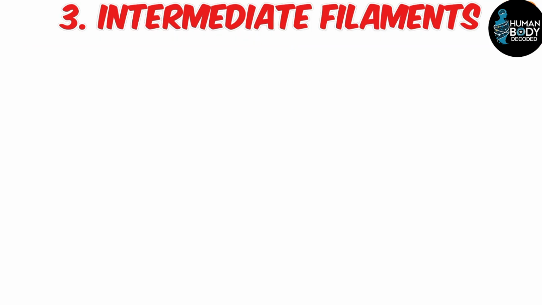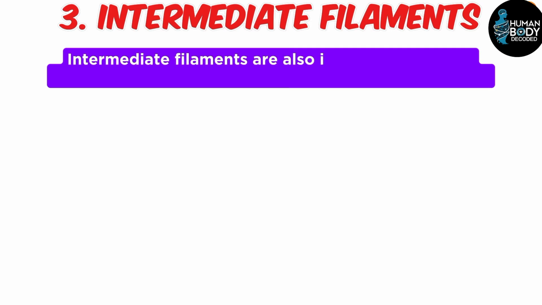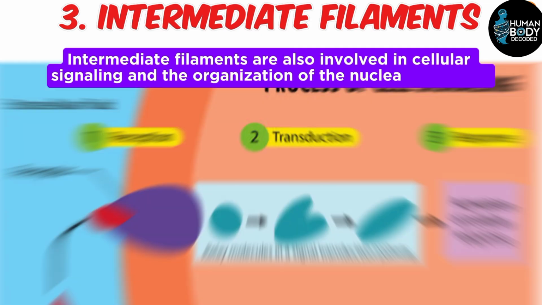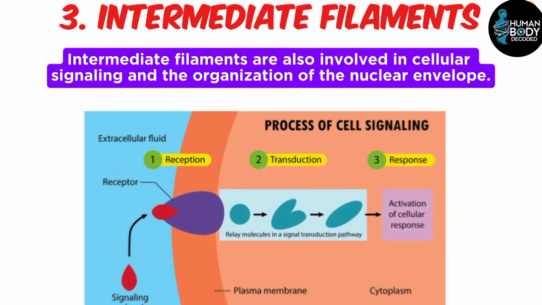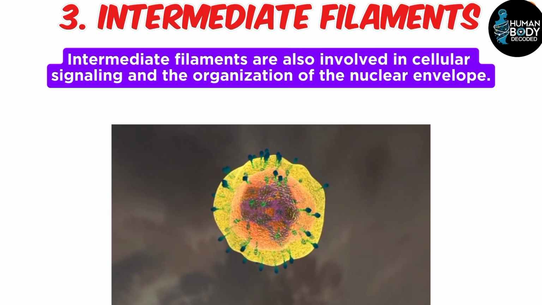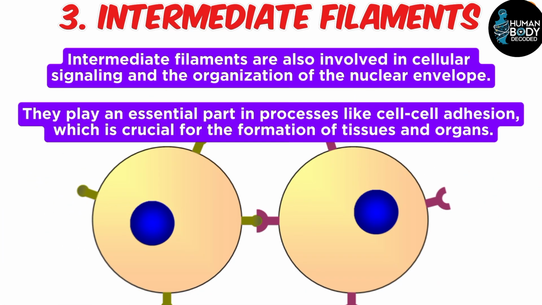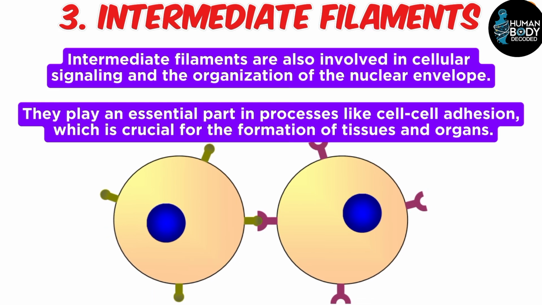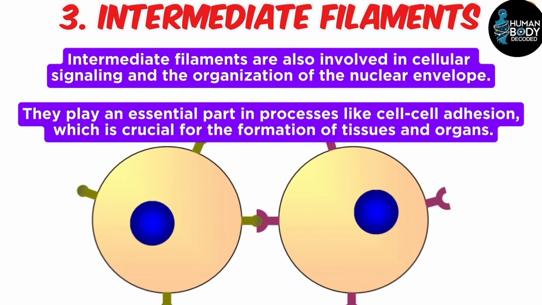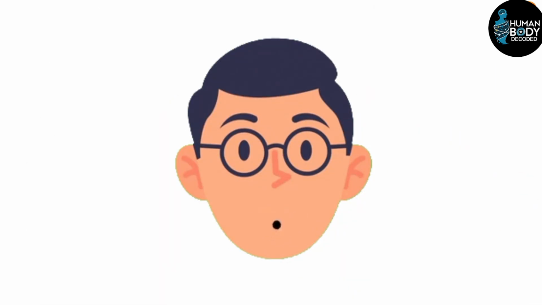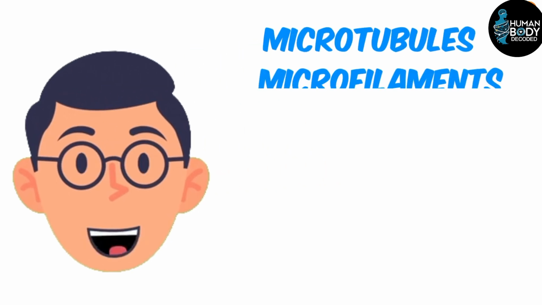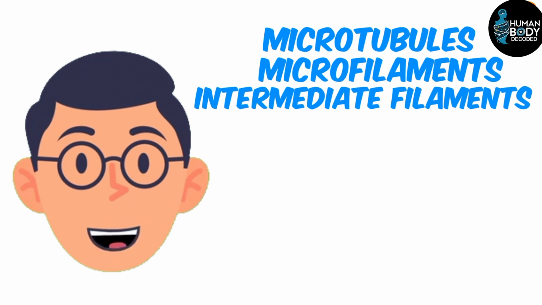In addition to their structural role, intermediate filaments are also involved in cellular signaling and the organization of the nuclear envelope. They play an essential part in processes like cell-cell adhesion, which is crucial for the formation of tissues and organs. So far, we've discussed the three major components of the cytoskeleton: microtubules, microfilaments, and intermediate filaments.